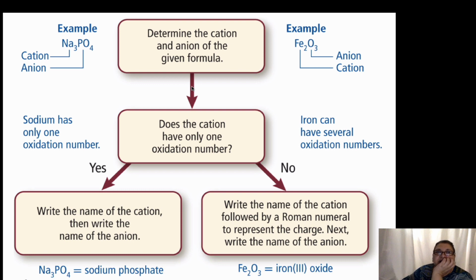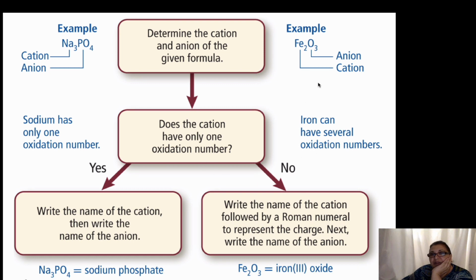So you have here a kind of table. First you determine the cations and the anions. On this side, we have iron and oxygen. So iron is the cation, oxygen is the anion. In this case, sodium is the cation, the phosphate is the anion.